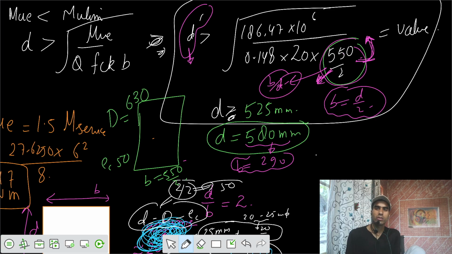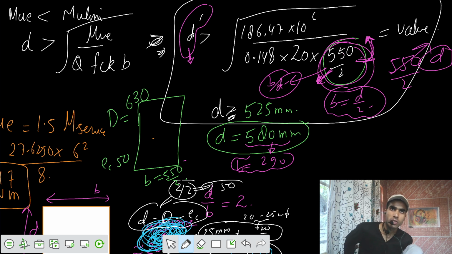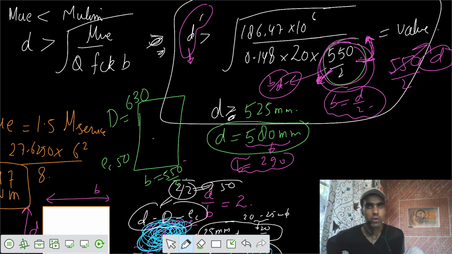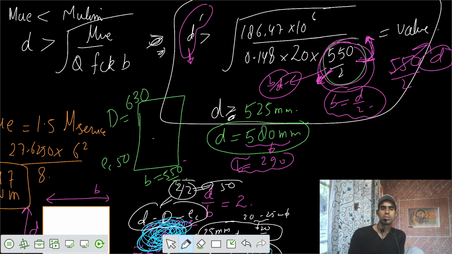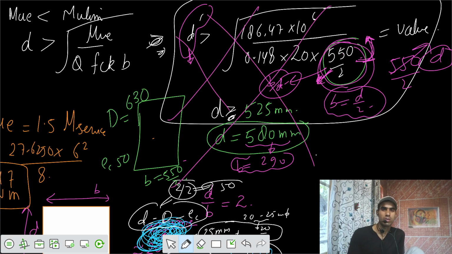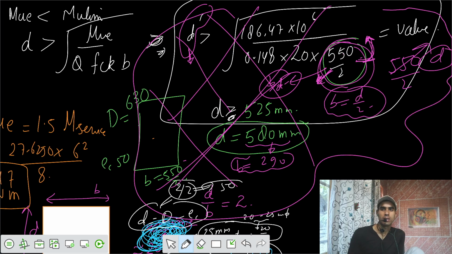So we have to keep this 550 as a function of D. We don't know the value of D actually. Then after that we would say your b would be 550 by 2. So we have to convert it. So I would say this one is not a correct way to solve this part of the problem. You can keep it on a side of the page.